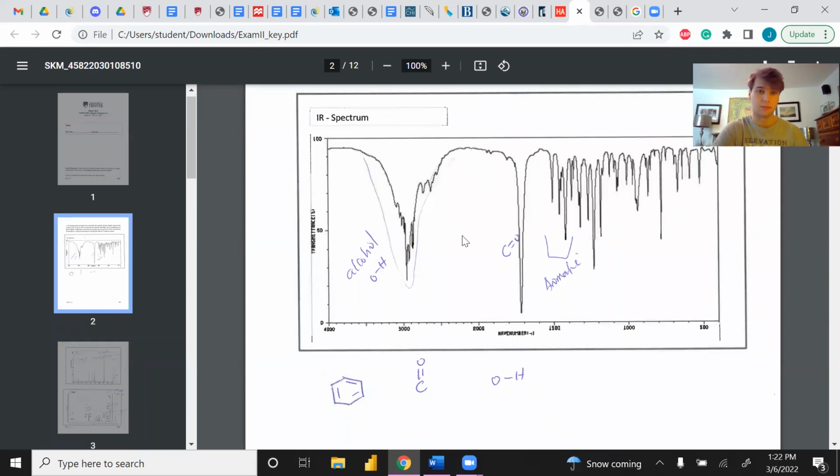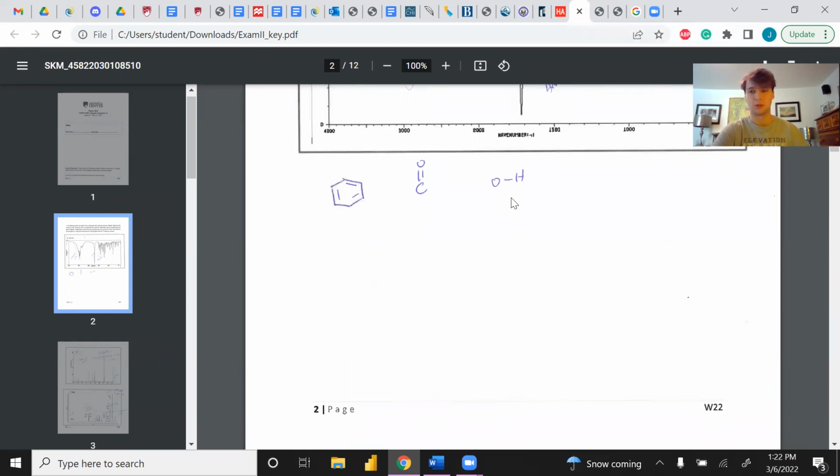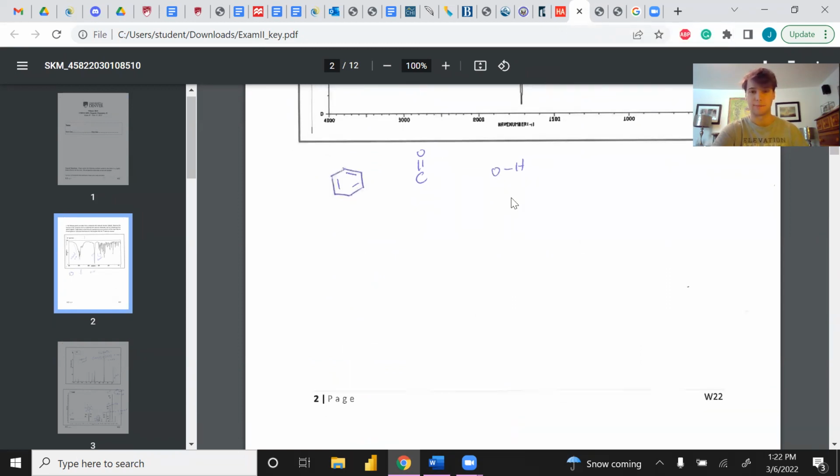Essentially you have your alcohol groups and carboxylic acid groups over here. We have aromatic groups over here, and the OH group is going to be around 3,000. And then you also have your carbonyl groups, the CO peak right there, which is why I ended up drawing an aldehyde.